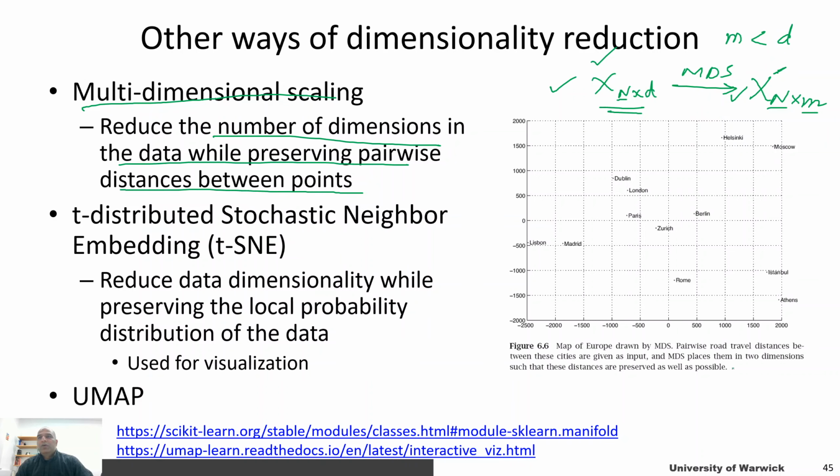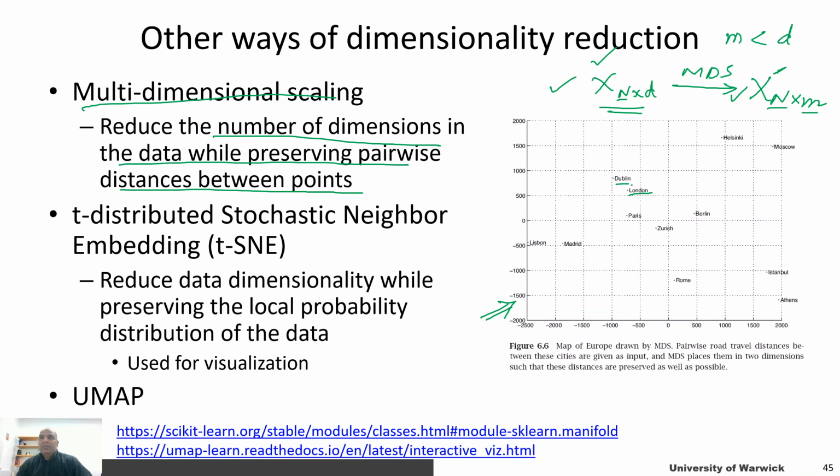Okay, so let's say we live in a three-dimensional world, right? So if you take the altitude and the height and the width of each of these European cities, and then you reduce the dimensionality and project it onto 2 dimensions, this is the map that you're going to get for different cities in Europe. So as you can see, it's not ideal.